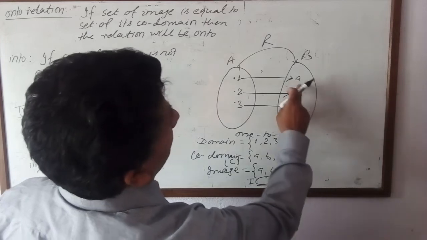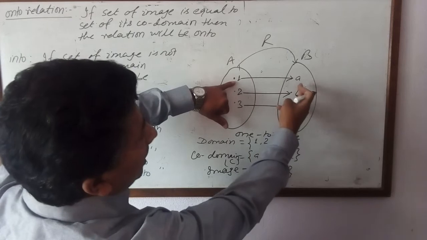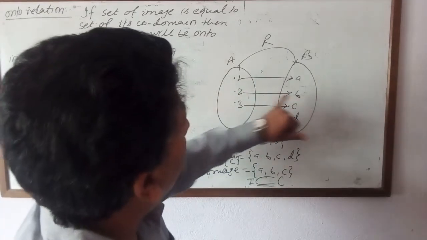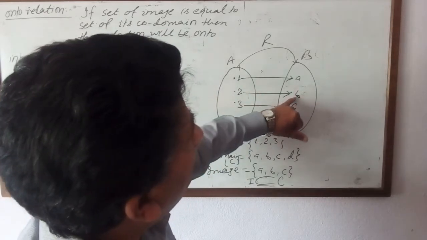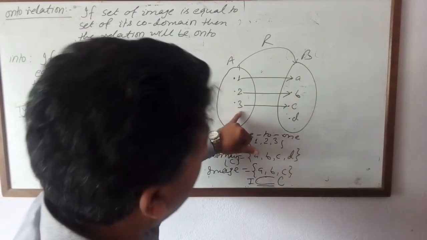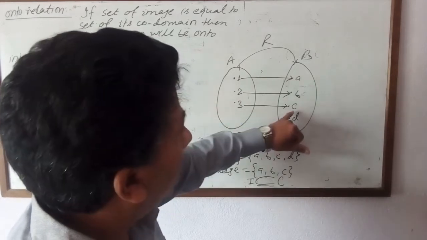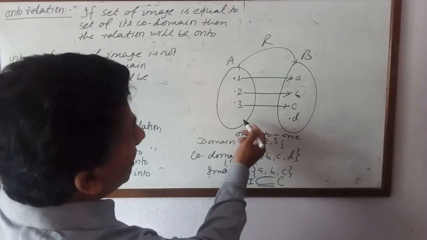Try to understand: A is the image of 1, then 1 is called the pre-image of A. B is the image of 2, and 2 is the pre-image of B. C is the image of 3, and 3 is the pre-image of C. Just like that, D doesn't have a pre-image here.